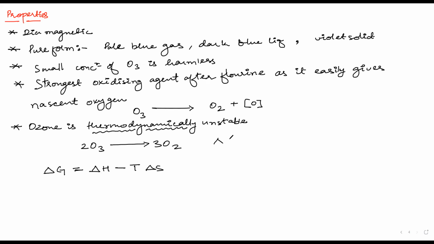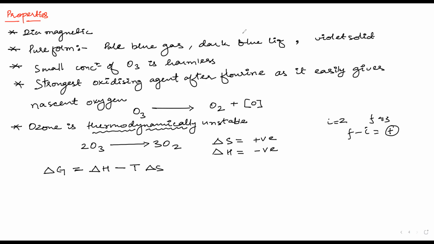Okay. So if you see the delta S, it is positive. What does that mean? See the entropy here. Finally we are getting more molecules. Initially we had 2, and finally we had 3. So if I do final minus initial, it will be positive. Correct? 3 minus 2 will be positive. Now delta H is negative. Okay.